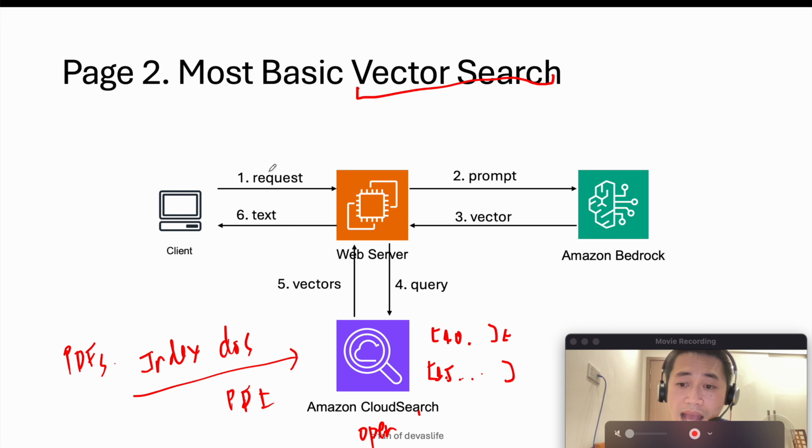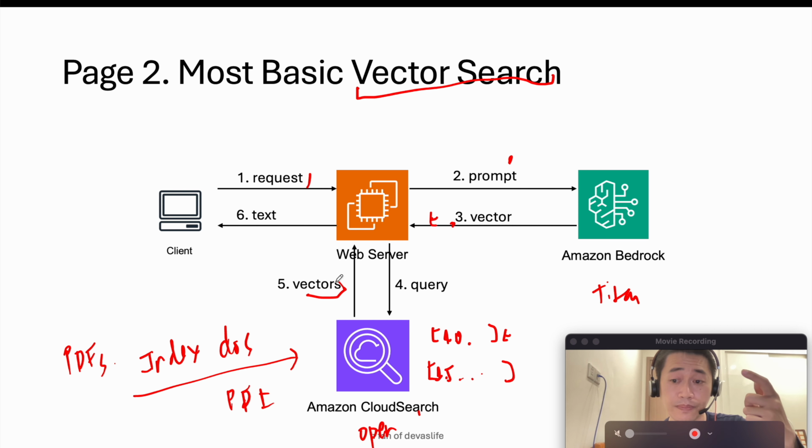So the user is gonna ask a question, and then the web server is gonna call a Bedrock model in here, Titan, right, to convert the question into a vector, and then use that vector to query the database, and then get back some vectors. So in step 5, the response includes vectors, for example, the top 10 most similar vectors to the query vector, and it also includes a chunk of text. Okay, so let's see how to do it in code.